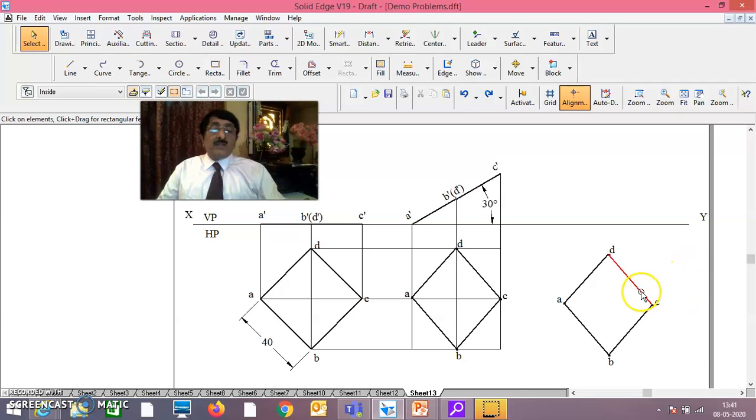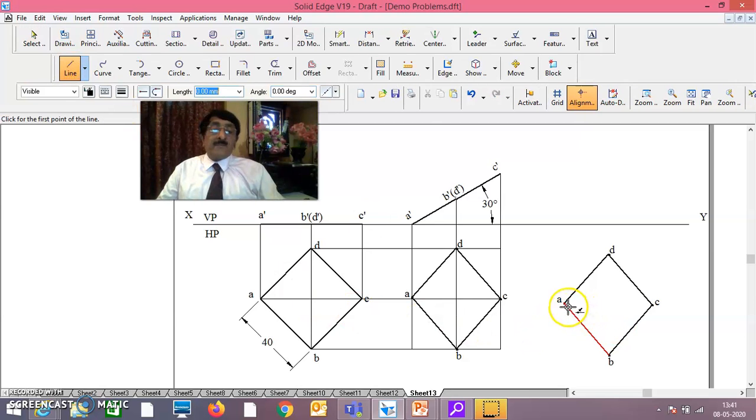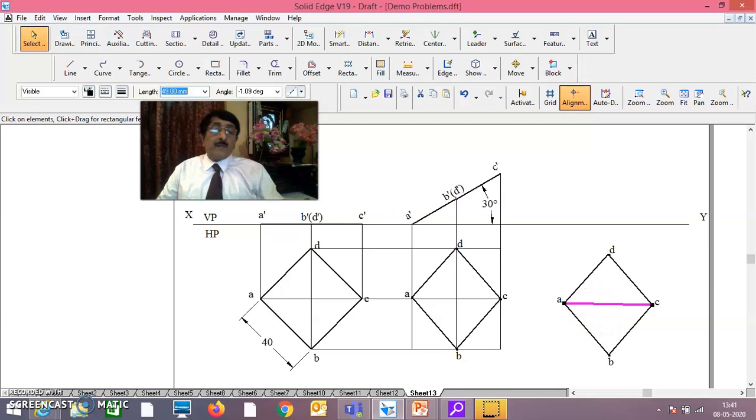okay. Now what exactly you should know here is the top view of the diagonal containing the corner is AC. This should be inclined at 45 degrees to VP. Okay.